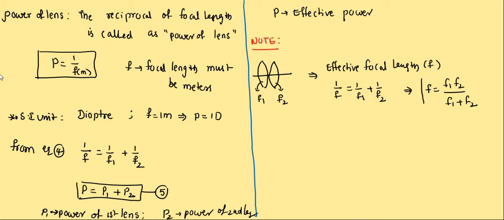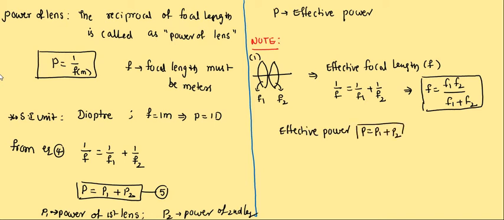And if the two lenses are separated by certain distance, this is the first point I am going to give. And effective power, if you want it here, we already know, we derived: P is equal to P1 plus P2, right? But you must apply the sign convention rules here.